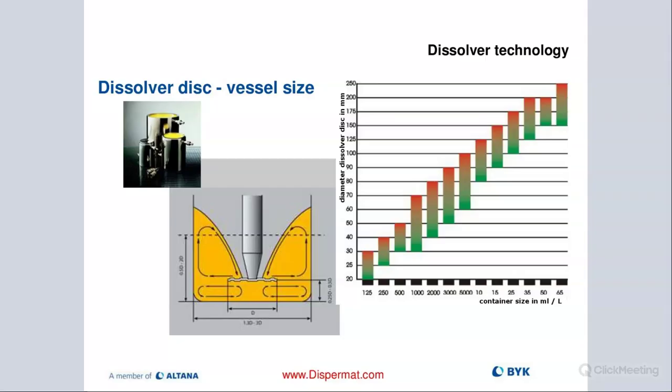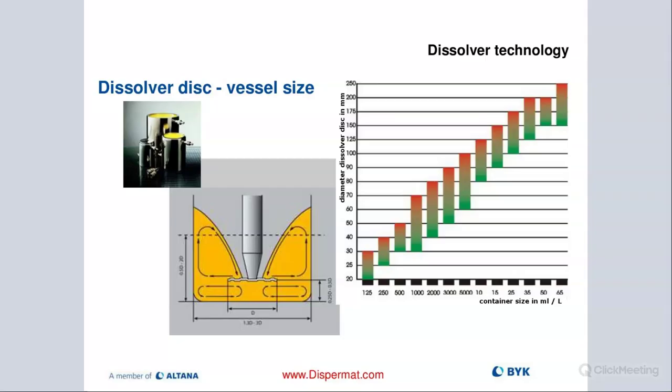So if you're looking at, let's say, a 1,000 milliliter container, optimum, obviously, we can go as low as 30 or 40, as high as 70 millimeters of dispersion blade diameter. Probably 40 millimeters would be the sweet spot, depending on the viscosity.